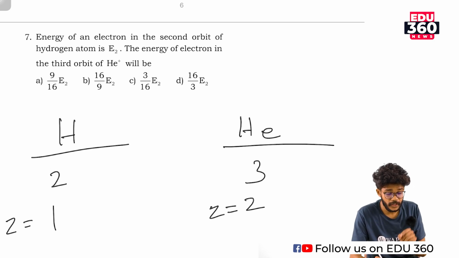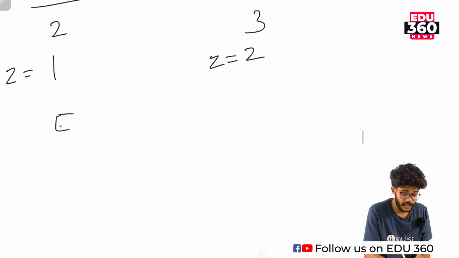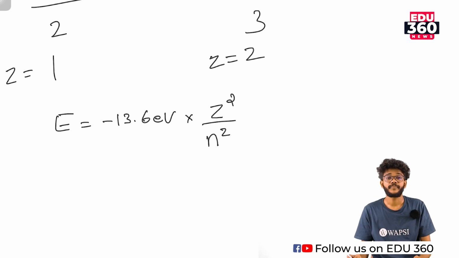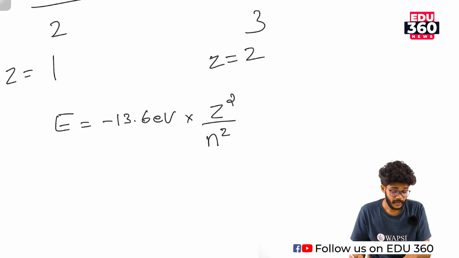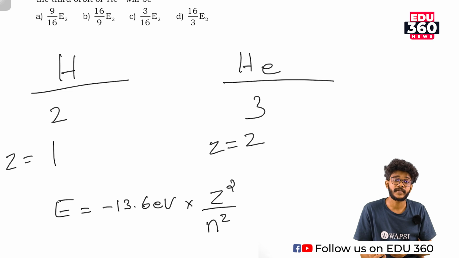So how is the energy of helium related? We know that energy is equal to minus 13.6 electron volt multiplied by Z square by n square. By changing the atomic number Z, the energy will change, and by changing the principal quantum number, the energy will change.